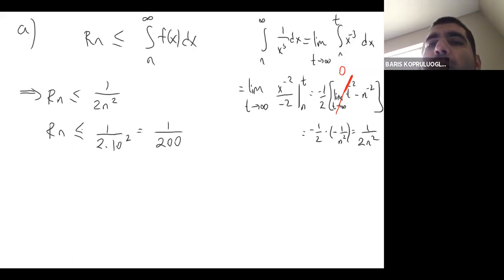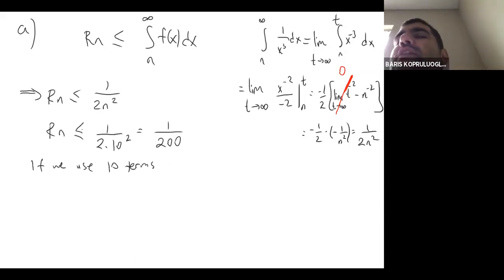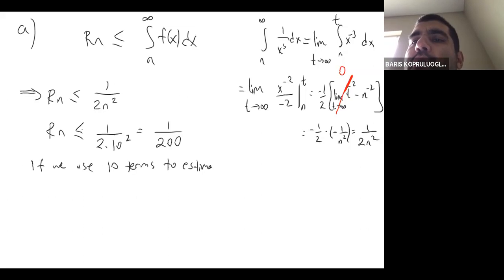So let's say if we use 10 terms to approximate, in other words, if we just add up the first 10 terms of the series, the maximum error is 1/200.